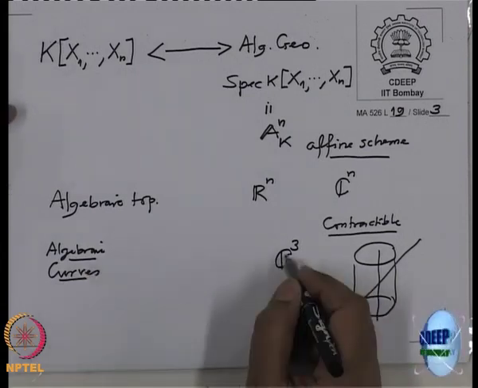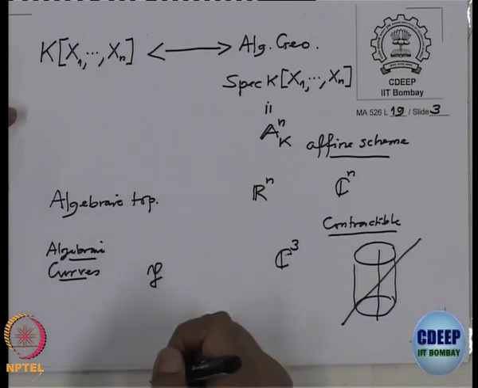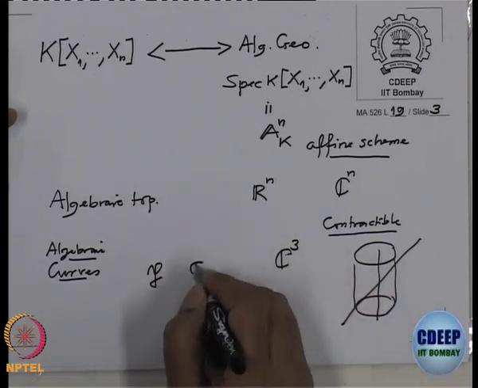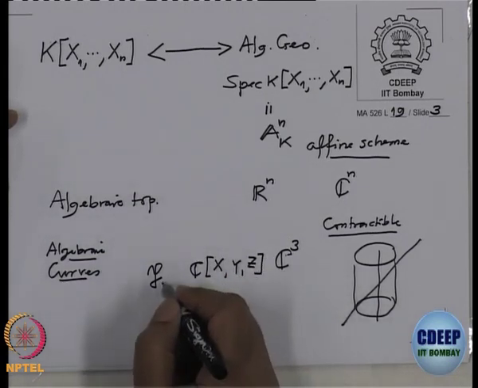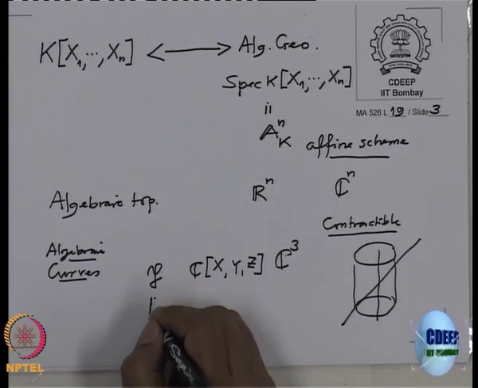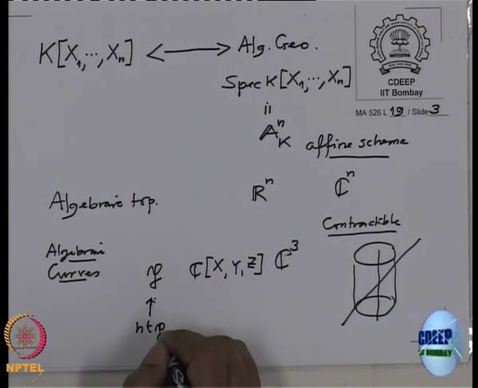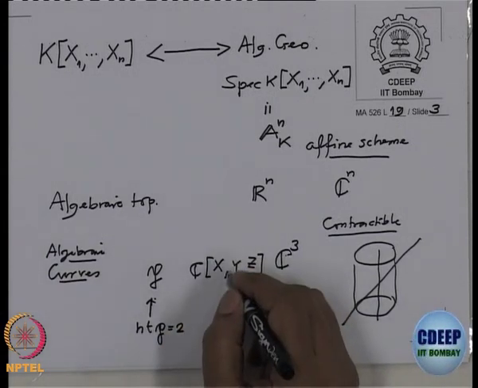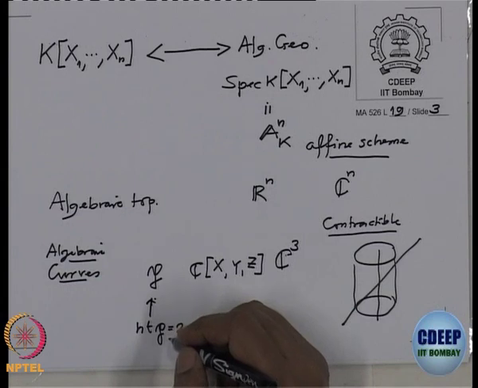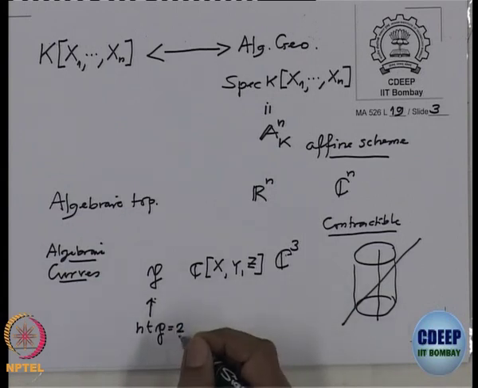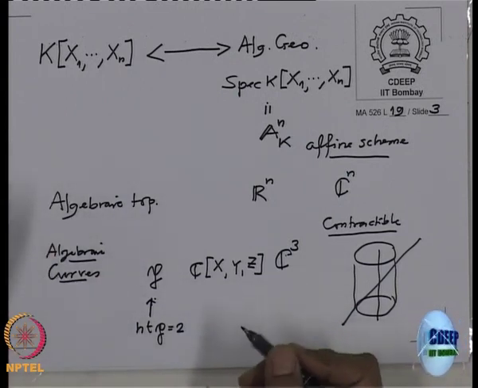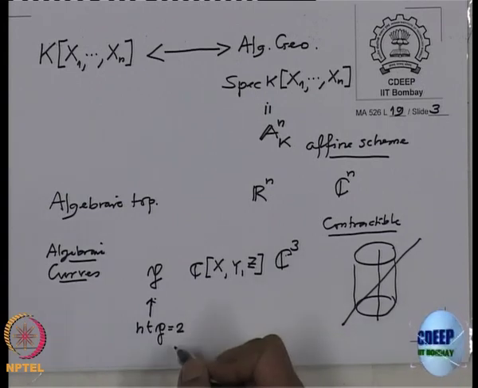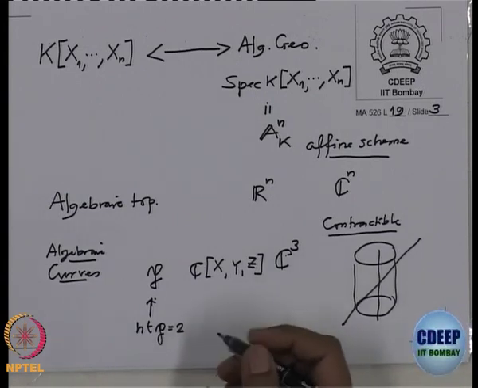Irreducible curves correspond to prime ideals P in the polynomial ring in 3 variables, and they will have height 2, because the dimension of C[x,y,z]/P should be 1, since they are curves. So they will need at least 2 equations to define, but the question is whether 2 is enough.